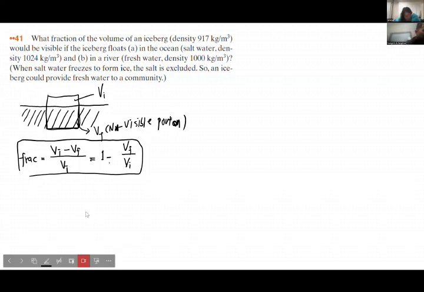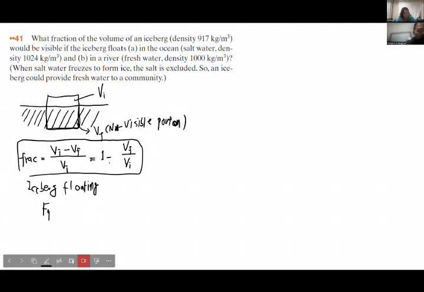So in order for the iceberg to float on the water, the gravitational force or weight should be the same as the buoyant force, obviously.